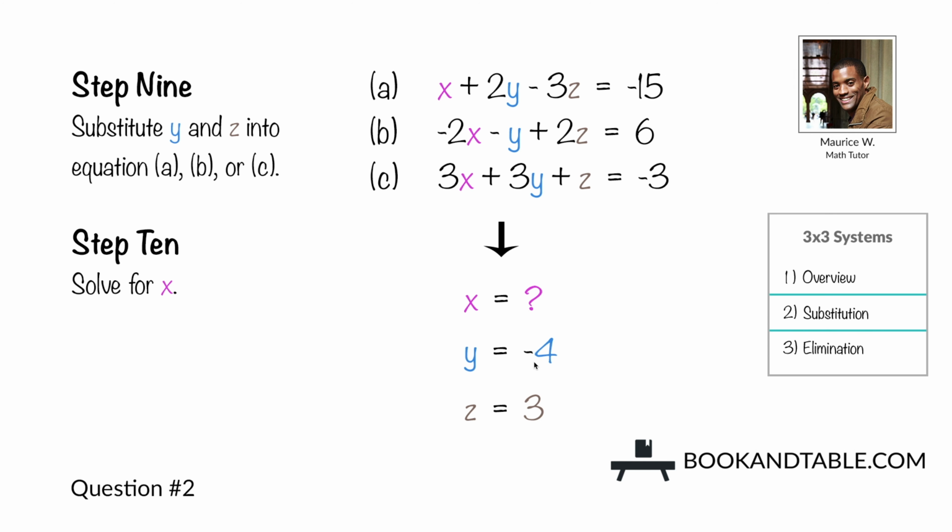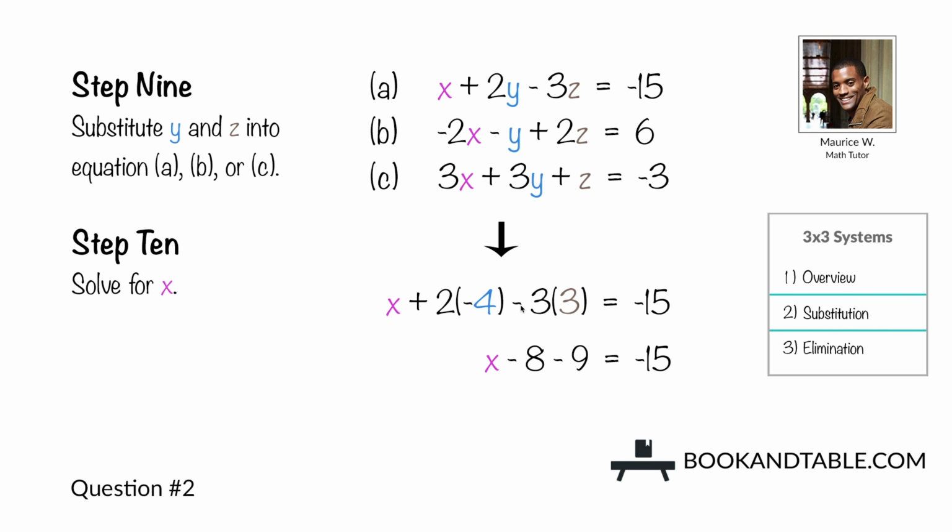So step 9, substitute y and z into equation A, B, or C to solve for x. So I'll show you all three of these. So when we plug in y is equal to -4 and z is equal to 3 into equation A, we get x plus 2 times -4, which would be -8, minus 3 times 3, which is -9, is equal to -15. -8 minus 9 is -17.